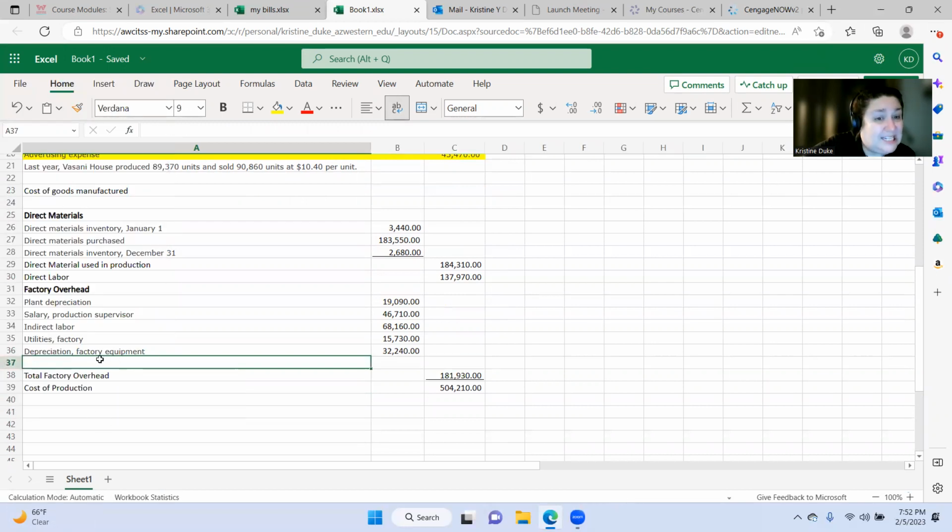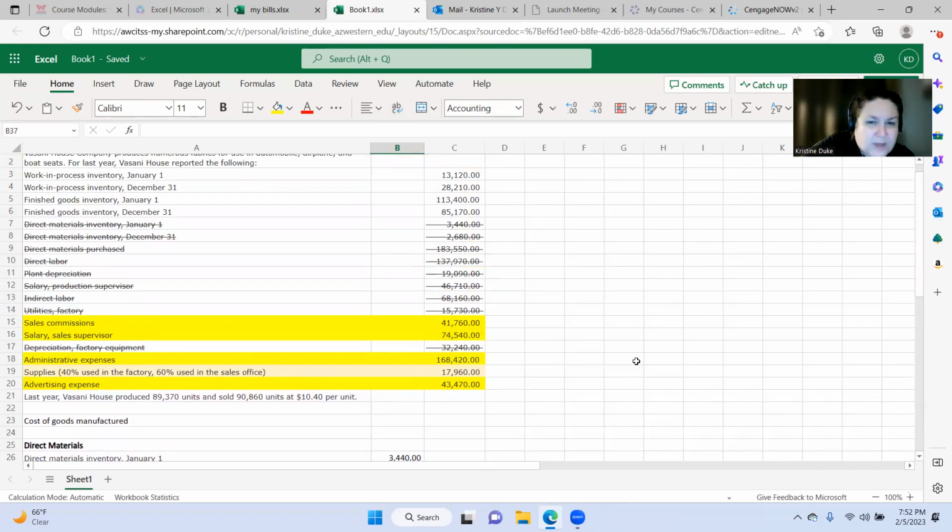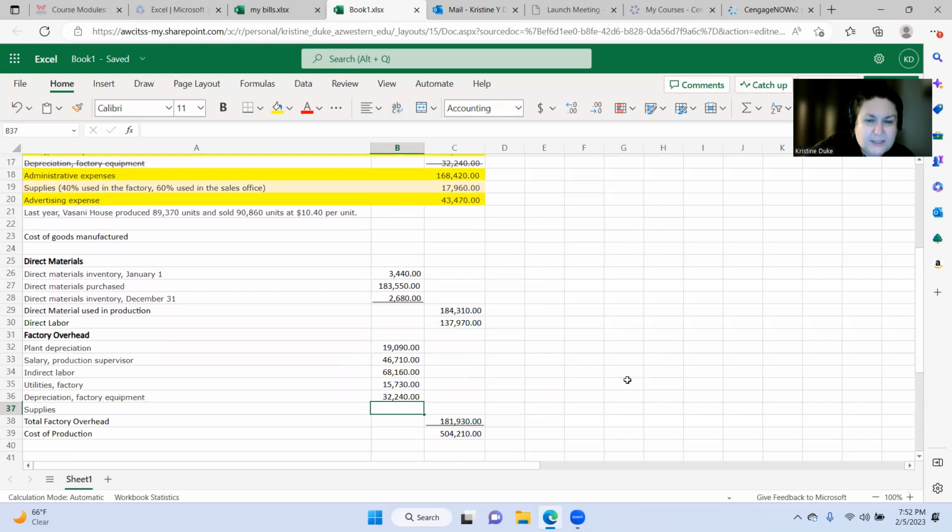I missed the supplies. Bad teacher, bad. Okay, 40% of those supplies are used in the factory. And so that's 17,960 plus 17,960. And let's multiply that by 0.4, which is 40%, 7,184.